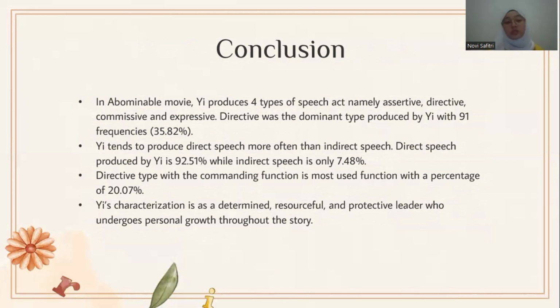Direct speech acts produced by Yi is 92.51%, while indirect speech act is only 7.48%. Directive type with commanding function is the most used function with a percentage of 20.7%. This characterization is a determined, resourceful, and protective leader who undergoes personal growth throughout the story.